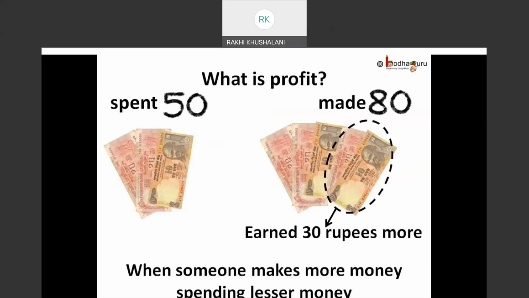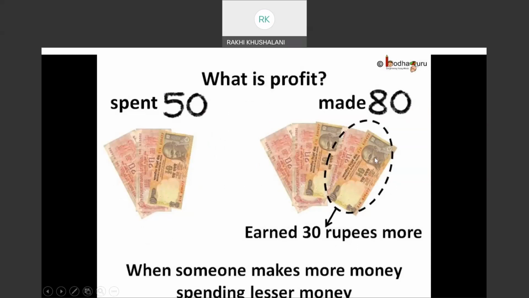I spent ₹50 when someone makes more money spending lesser money. I spent ₹50 on something and I made ₹80. That means actually this 30 rupees is earned.